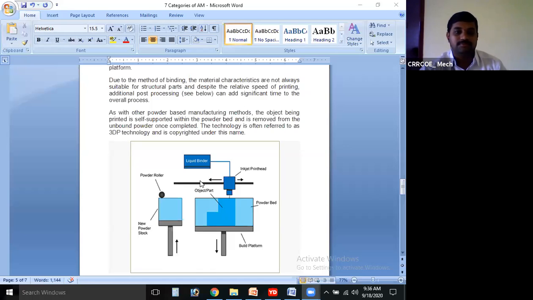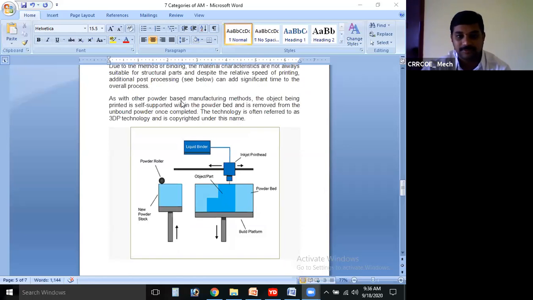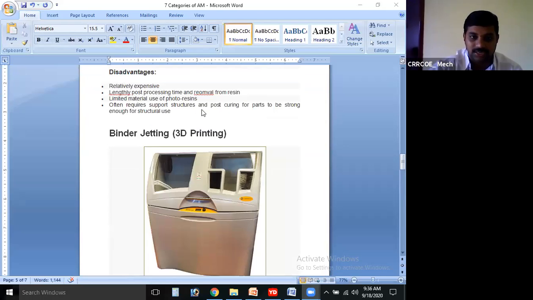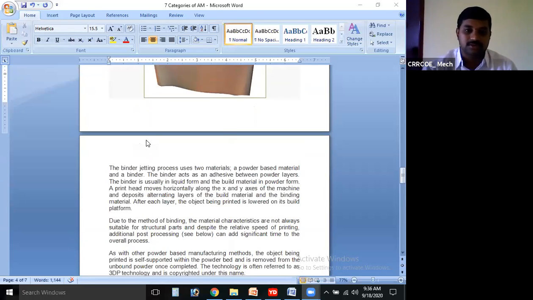The technology is often referred to as 3D printing technology. So from this statement, we understand that it is simply termed 3D printing. Under 3D printing, the binder jetting heading itself has been given another name, 3D printing.